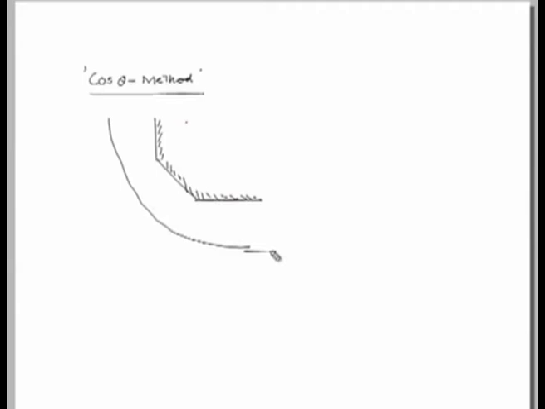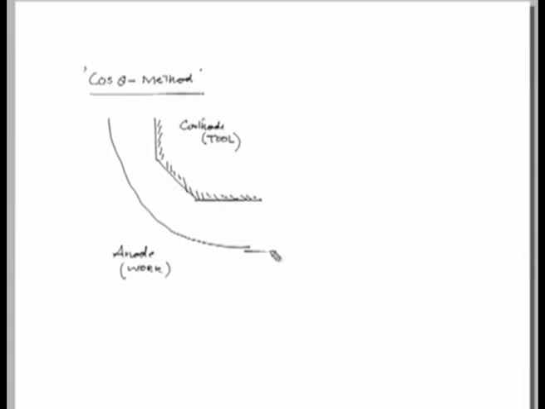This is the cathode, also known as the tool, and this is the anode, also known as the work.